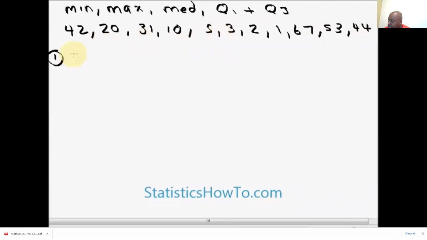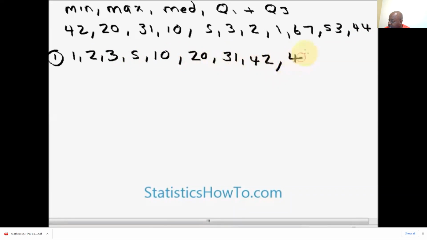So we've got 1, 2, 3, 5, 10, 20, 31, 42, 44, 53, and 67. So those are from smallest to largest.